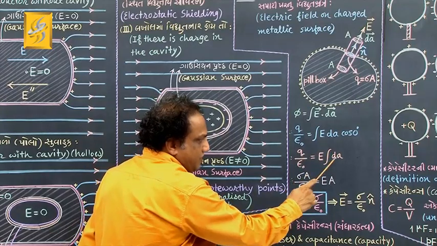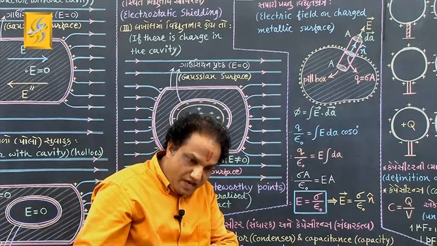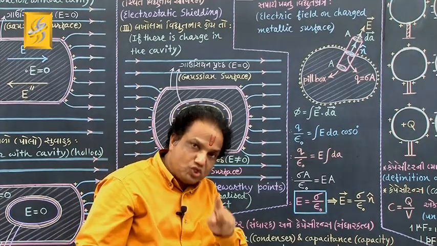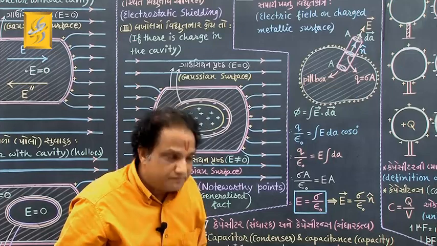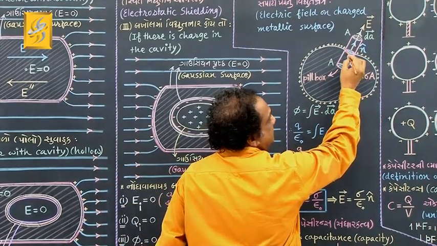But what do you mean by integration dA? Integration dA means summation of areas of all the area elements chosen over the given surface element. Come on. This surface element we have chosen here. Correct?